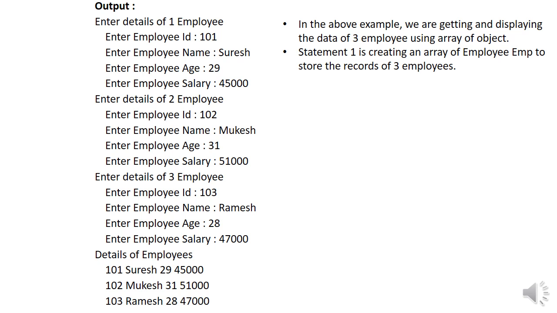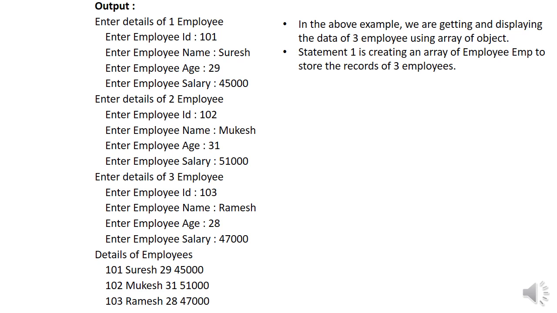Then emp1.id will display the id of the second employee. emp1.name will display the name of the second employee. emp1.age will display the age of the second employee. emp1.salary will display the salary of the second employee.